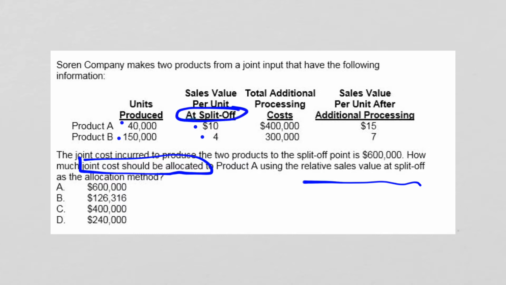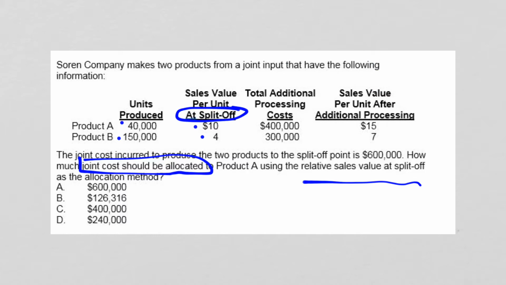That's the whole idea. It's at the split off point, not the final. The relative sales value there matters because from this point on things change, and it has nothing to do with the actual joint cost put into the products at the split off spot. That's how to do it, and let's see how it gets done.